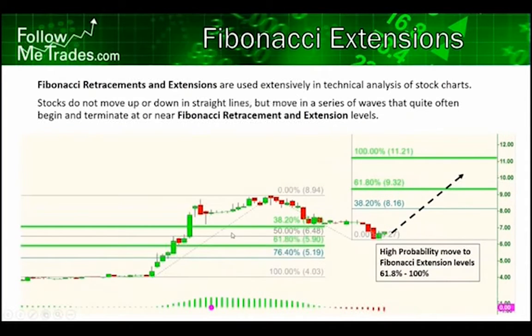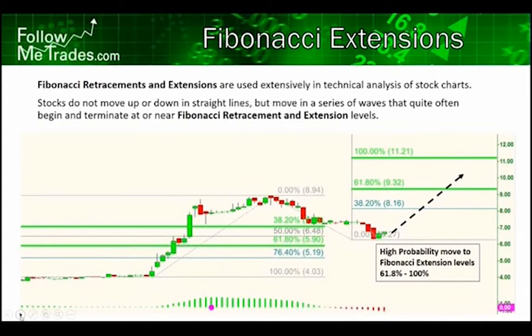Okay? So after we see an initial move and a Fibonacci retracement, we can project a Fibonacci extension. Where's this thing going to go next? Well, that's really valuable, right? If you can look at a stock chart and predict with pretty high probability where it's going to go next, that's what it's all about, isn't it?